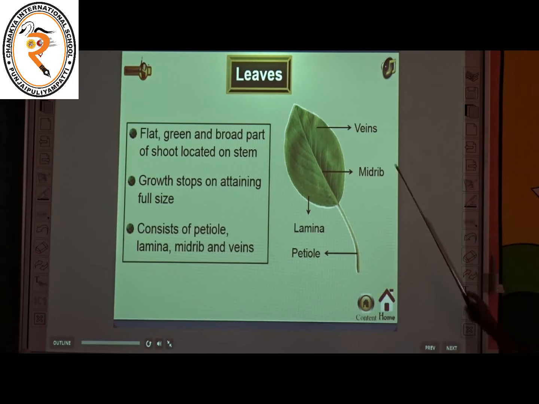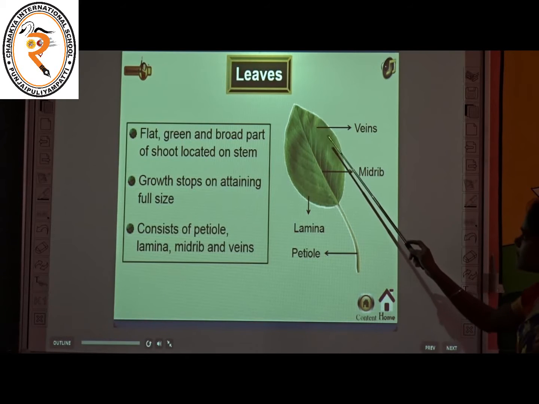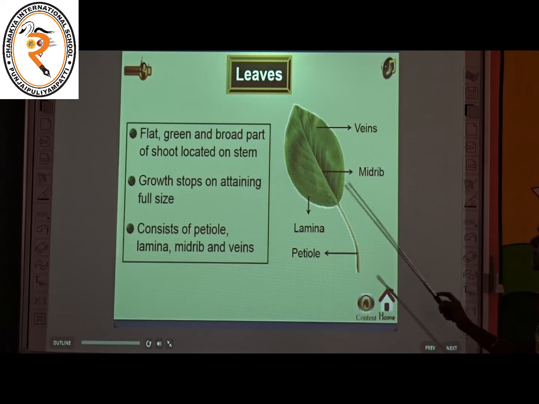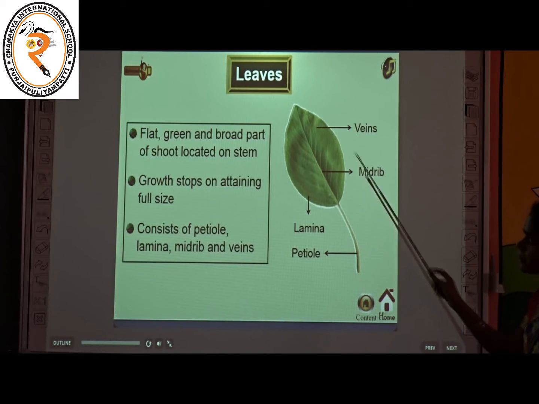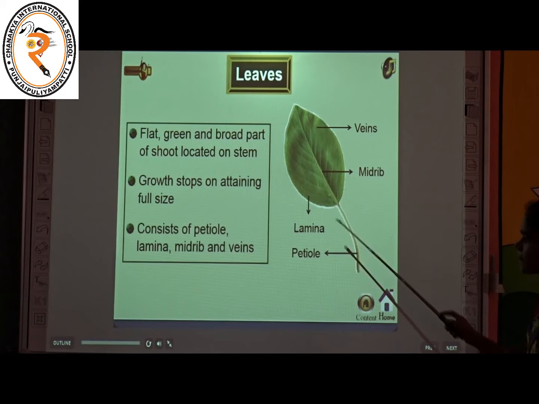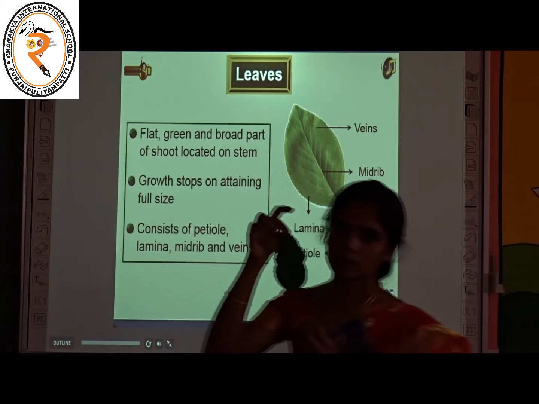See, these are all the parts of a leaf. These are called veins. The center part is called the midrib, the flat part of the leaf is called the lamina, and the last part is called the petiole. See, this is the leaf.